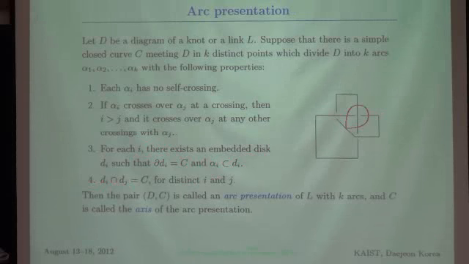These disks intersect only at their common boundary, which is equal to C. This pair, the diagram and this simple closed curve C, is called an arc presentation of this link L with k arcs, and C is called an axis of this arc presentation.